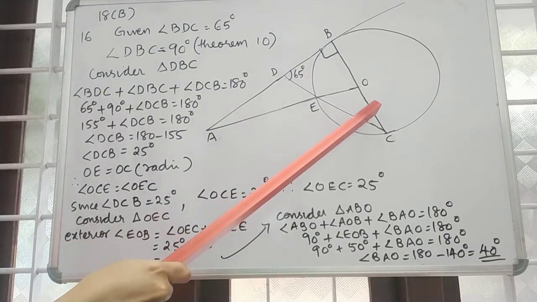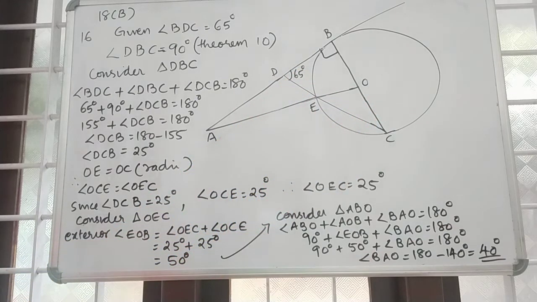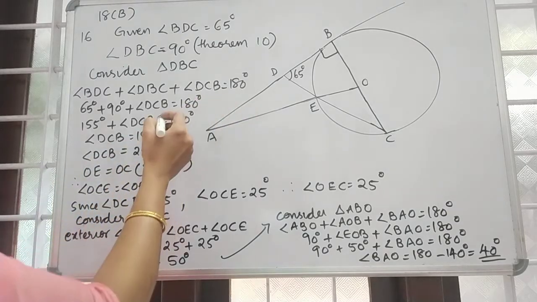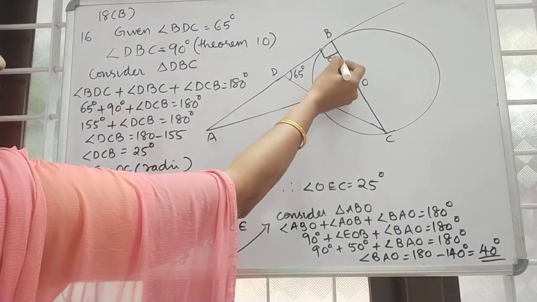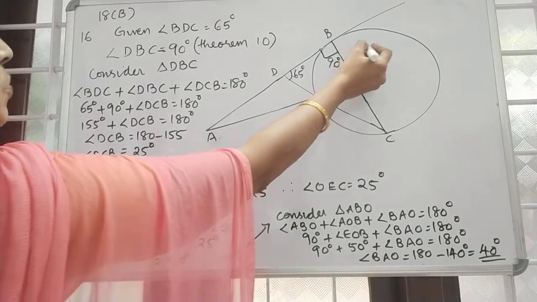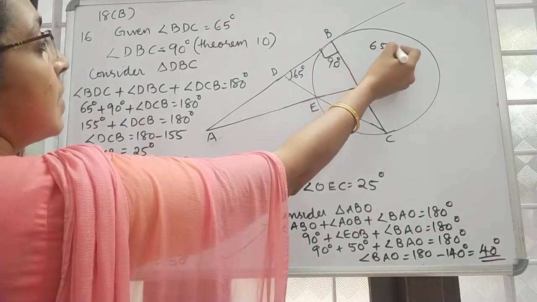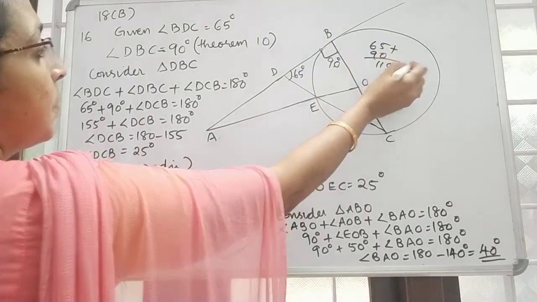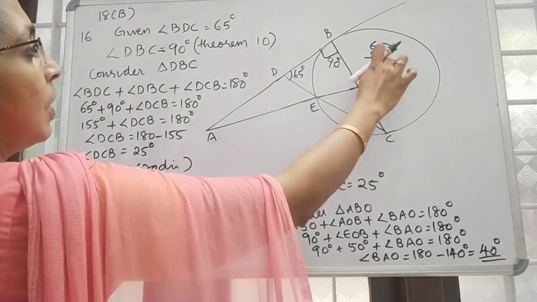So what about DCB? DCB will be 180 minus the sum of 65 and 90. 65 plus 90 is 155.